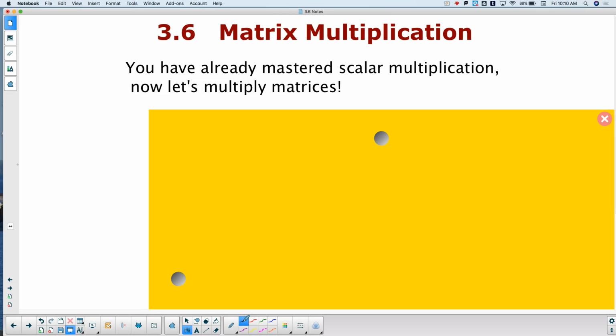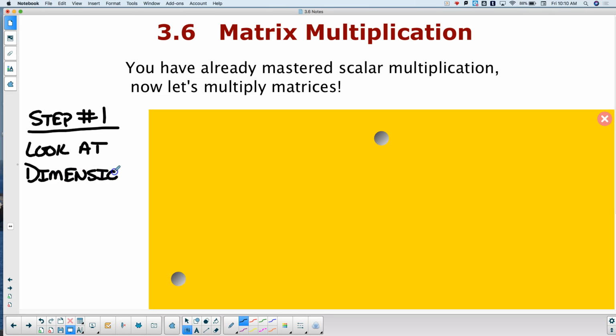Okay? So my first step, step number 1, is I've got to look at the dimensions in the specific order that we are multiplying.